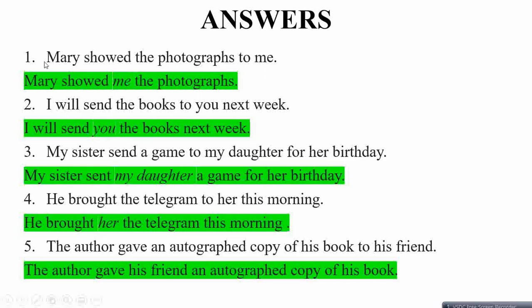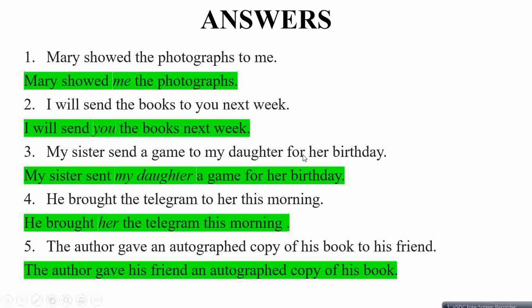Mary showed me the photographs. That's how you have to make the sentence. Second question: I will send the books to you next week. In that case just omit the preposition to and bring the indirect object forward. I will send you the books next week. Question 3: my sister sent a game to my daughter for her birthday.